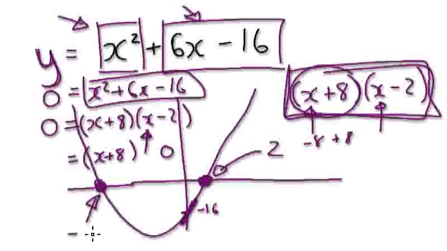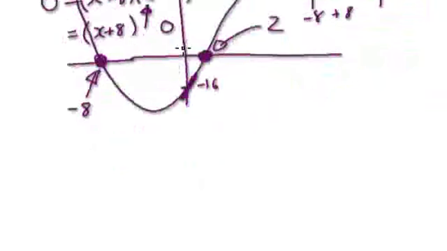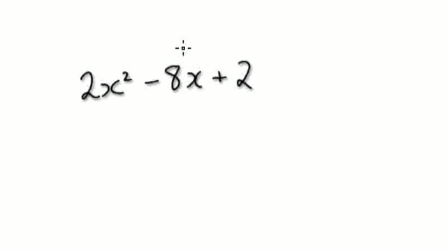In this case, it would be negative 8 and 2. So when you factorize something, it gives you a lot of information about this graph. So factorizing is important.